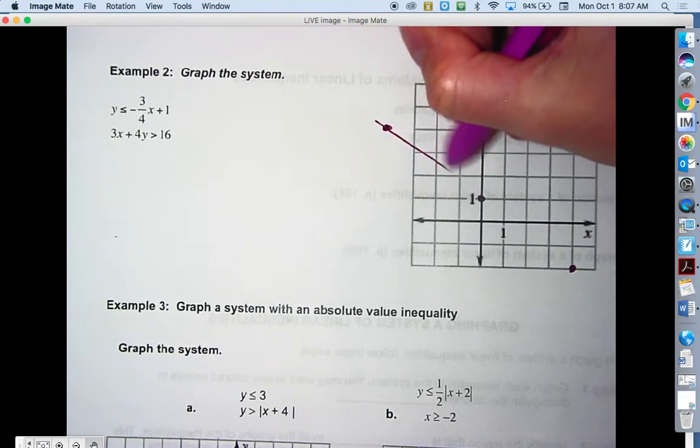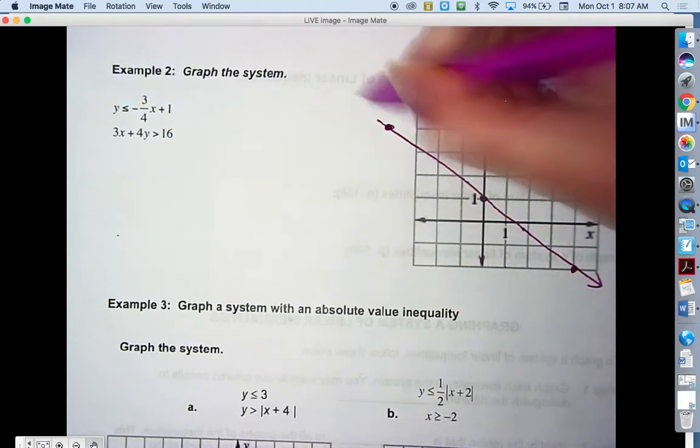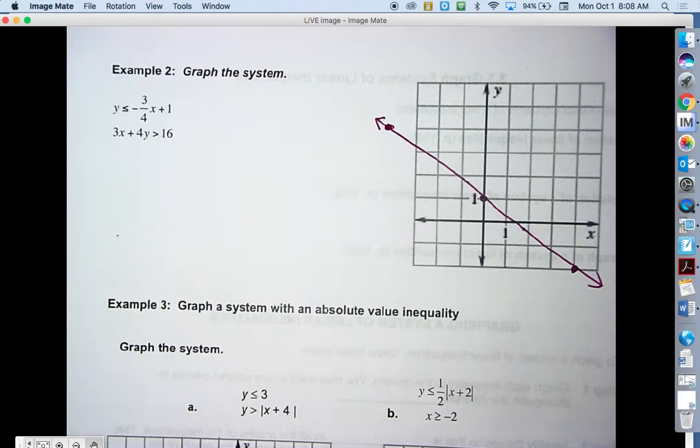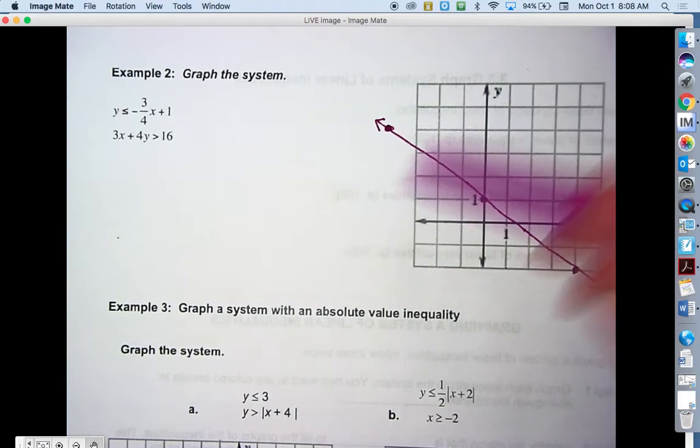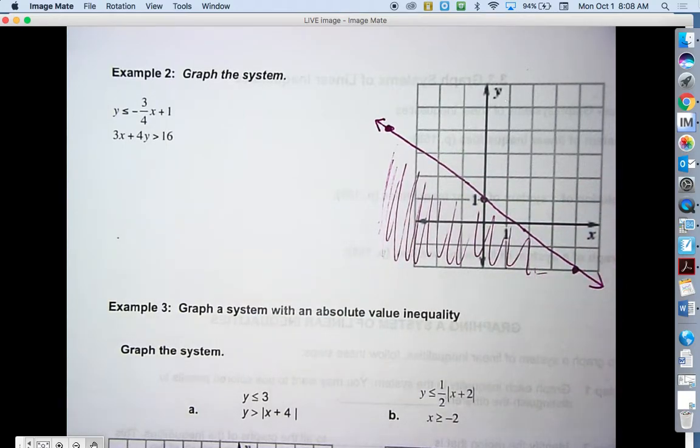Less than or equal to means solid line. And again, less than is below. So we would be shading below the line. So you'll have to remember, think above versus below. Less than or equal to, below the line. Greater than or equal to, above the line.